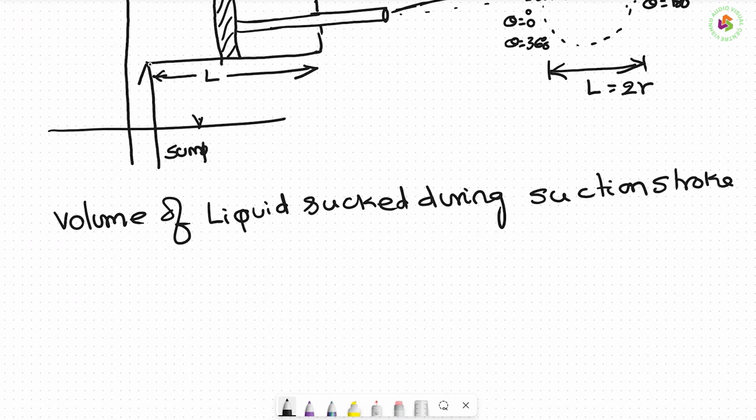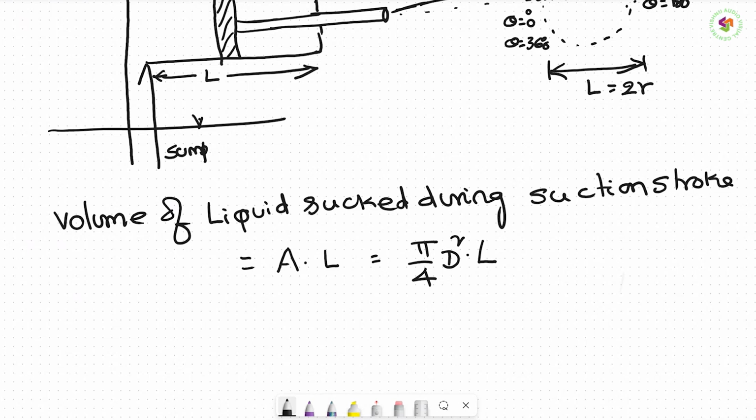The piston is at the extreme left and slowly the crank rotates. So the water fills up inside this, and then this entire cylinder has to be filled. What is that volume of the cylinder? The area of the cylinder into the length. So it is pi by 4 D square into L.